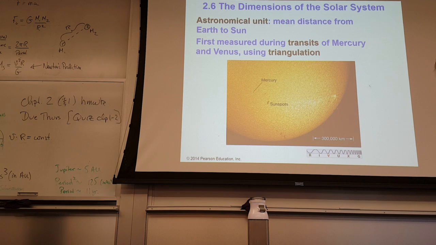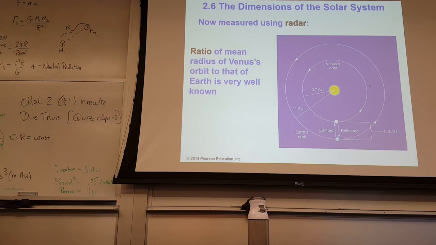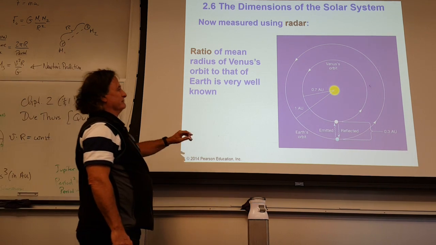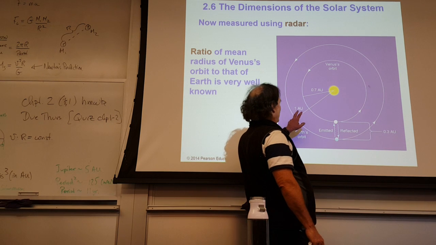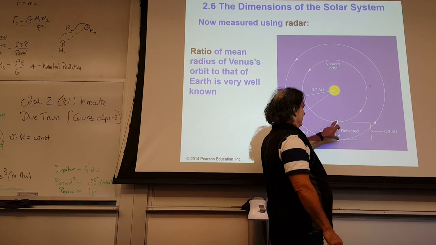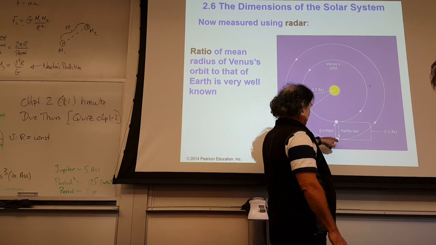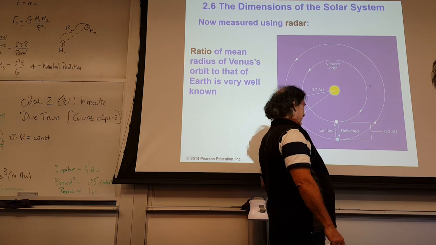You can do that with Venus, and with the outer planets too, using parallax. So eventually people understood roughly how much 1 AU was. Now we get 1 AU by measuring Venus's distance, which we can do through radar.